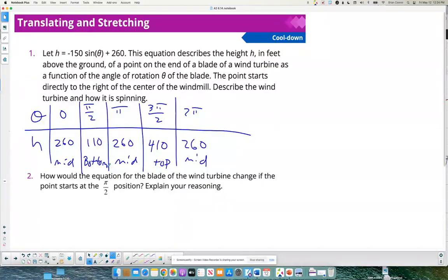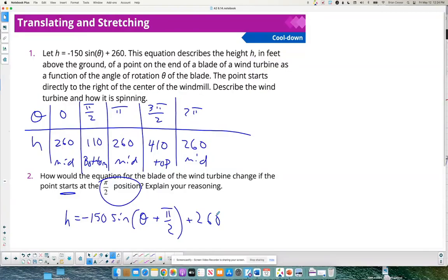So how would the equation for the blade of the wind turbine change if the point starts at the pi over 2 position? So it starts there. So it's like you're getting a head start. So you have to add it to your angle. So it's going to be sine of theta plus pi over 2.